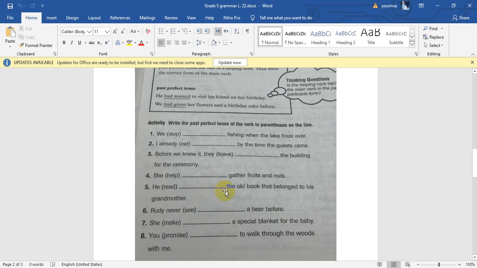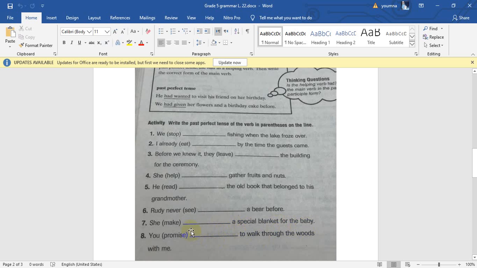So had read. Rudy never see space a bear before. Here, never must be between the helping verb and the main verb. So it will be Rudy had never seen. Right here, had never seen. And then number 7, she make space a special blanket for baby.